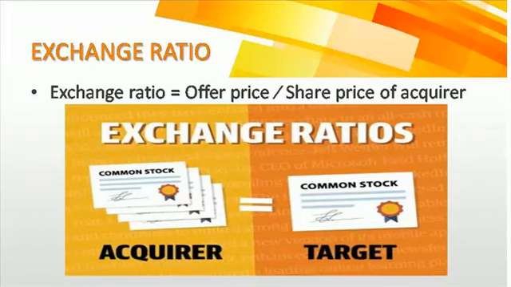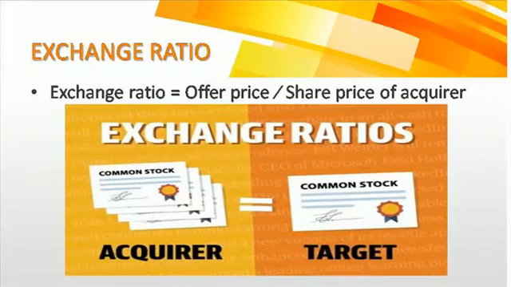The formula for exchange ratio is offer price divided by the share price of the acquirer. Offer price is the offer given to the target company shareholders. The numerator will always consist of the target company's shareholders' side. It can consist of the EPS of the target company, or the market price of the target company, or any offer which the acquirer company is giving to the target company shareholders.